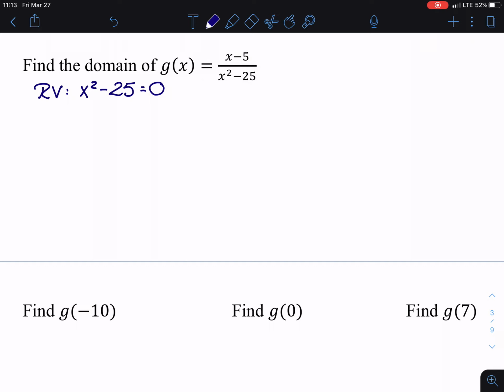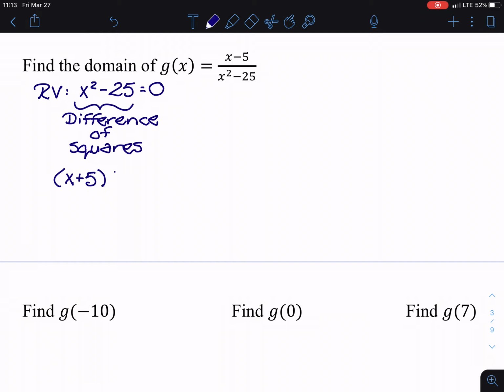And again, this should be recognizable from one of the previous videos, that x squared minus 25 is a difference of squares. Because x squared is a perfect square, 25 is a perfect square, it's 5 times 5. So this will factor into x plus 5 times x minus 5.